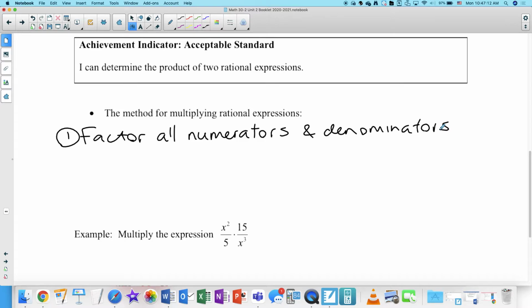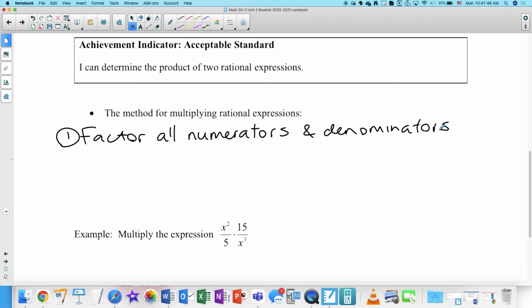Now, here's where the little caveat comes in. When we're dealing with rational expressions, rather than just rational numbers, we have to think about something. If you know what I'm talking about, feel free to chime in, or maybe go back and look at what we did before. Think about what you have to think about when you're working with rational expressions rather than rational numbers.